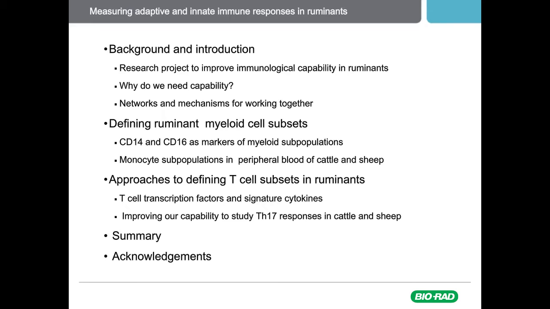I'm then going to go into some of the science, which is how we defined ruminant myeloid subsets using CD14 and CD16 as markers of subpopulations, and how we then define those populations in cattle and sheep, and then look at some aspects of adaptive immunity, and in particular how we define the Th17 subsets in cattle and sheep. And then I'll finish up with a summary and acknowledgements.